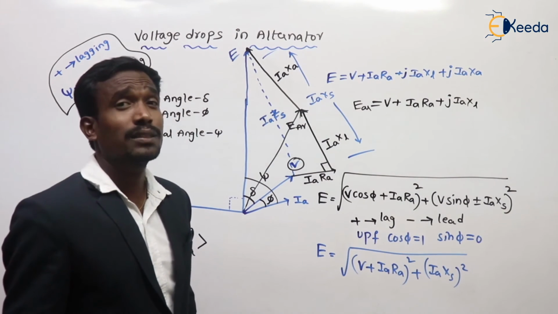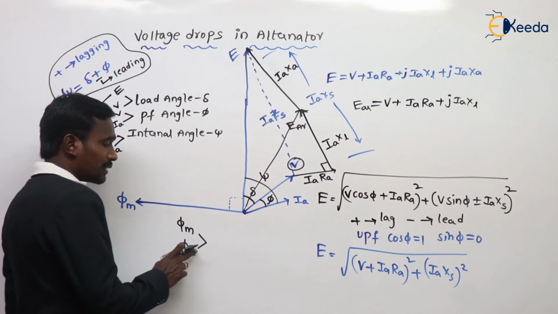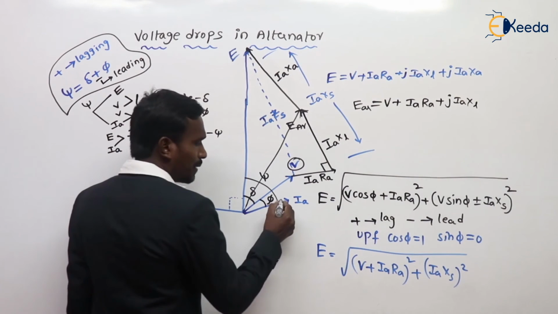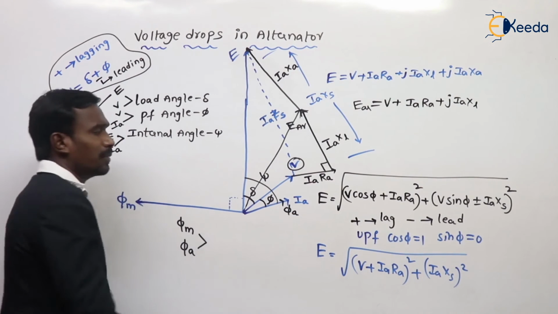Can you tell me what is the angle between the main field flux and armature flux? This is the main field flux. And where is my armature flux? Generally, my armature flux is along the armature current.